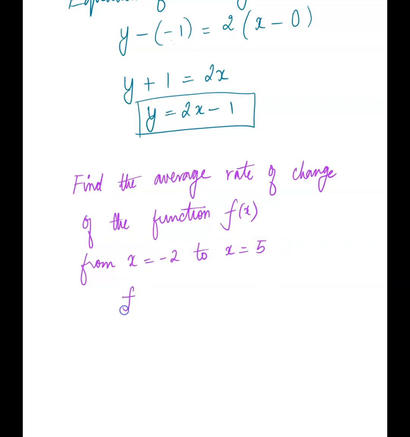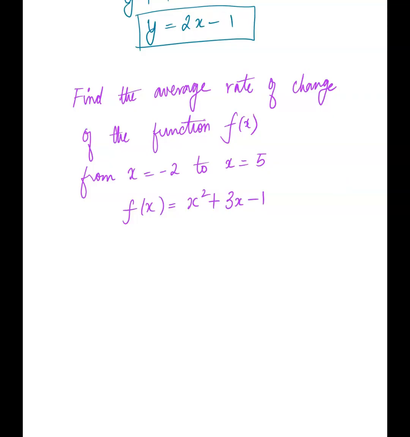And the function is given to be f of x equals x squared plus 3x minus 1. And if you're asked to find that, then it's pretty much straightforward, right? When x is equal to -2, it implies f of -2, because you're given 2 points. You're asked to find the average rate of change. Remember, rate of change is another name for finding the slope. But here they gave us the 2 separate points. We didn't have to generate the second point.